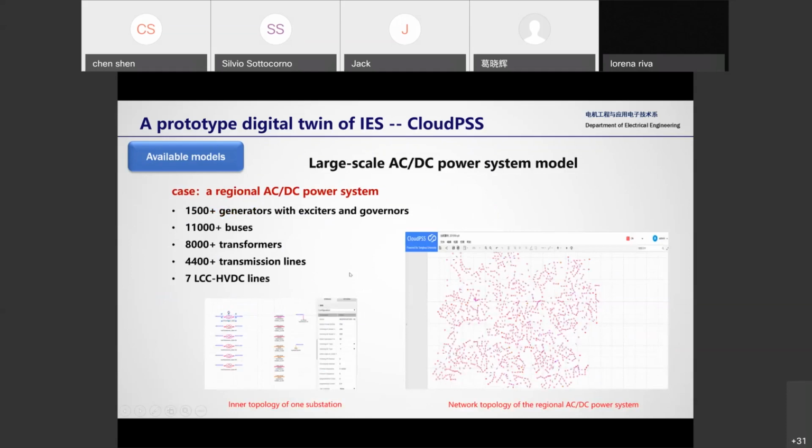This is the EMT model of a large-scale AC/DC power system model with more than 1,500 generators, with exciters and governors, with more than 11,000 buses, more than 8,000 transformers, 4,400 transmission lines, and 7 LCC HVDC lines.